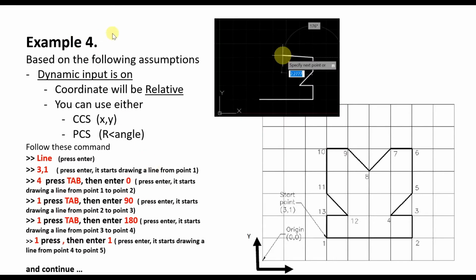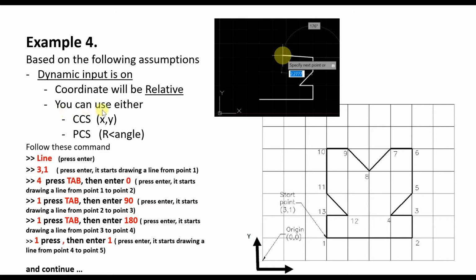In the last example, we're going to turn on the dynamic input. When you do that, the coordinates will be relative. So when you turn on dynamic input, we input the coordinates in relative, not in absolute. So for instance, the point 7 coordinate will always be with respect to point 6, and the point 8 coordinate that we input in these boxes will be with respect to point 7, and so forth.